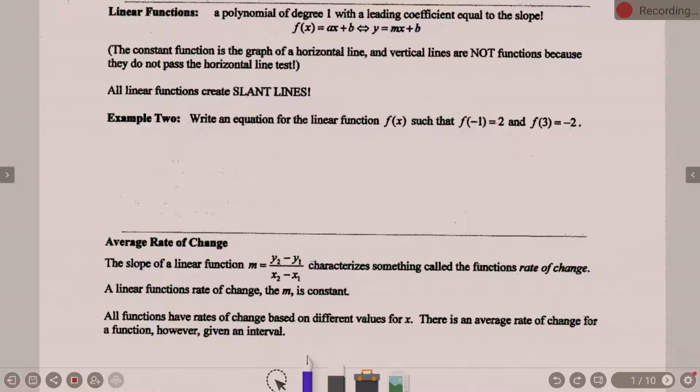Okay, so constant function kind of goes in with linear functions. However, vertical lines, remember vertical lines are the exception. They are not functions because a vertical line would not pass the what?